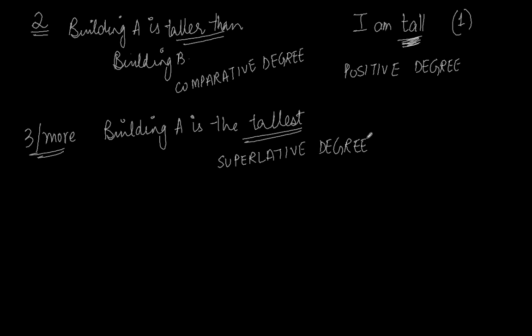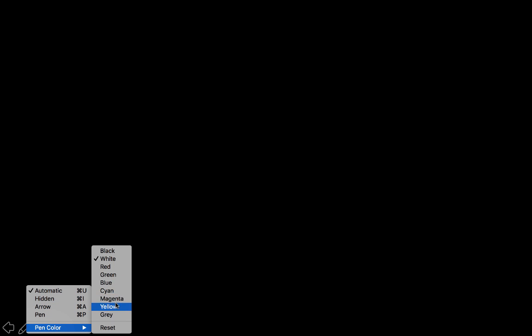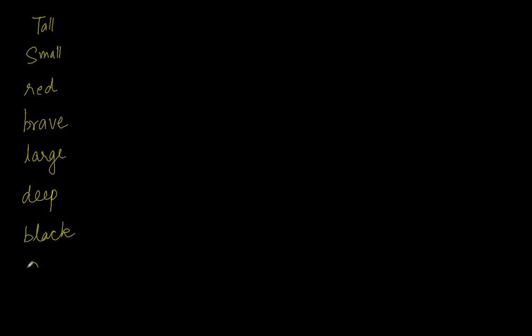So we're going to do some examples where I list down the positive degree and then we will find out the comparative degree and the superlative degree. For example, look at these different words: tall, small, red, brave, large, deep, black, dark, light.